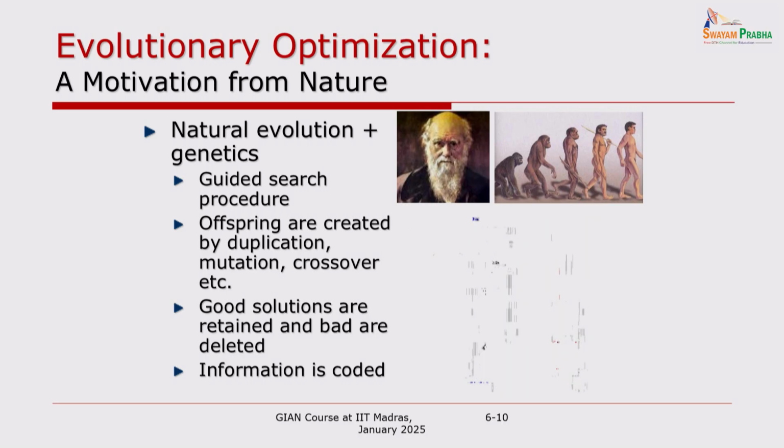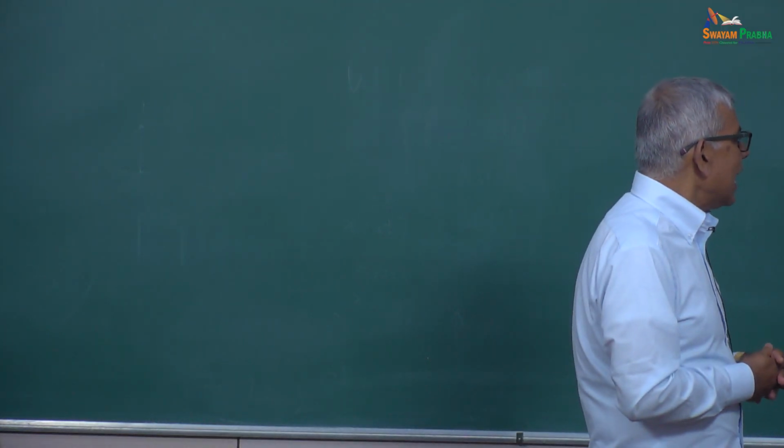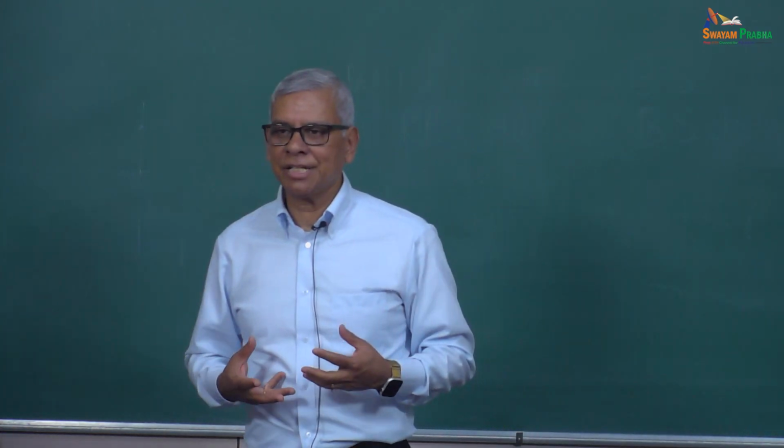So what's the motivation? We see in nature, as I said, lots of examples that look optimal. That satisfies our scientific ideas. And Darwin talked about this guided evolution, the survival of the fittest concept.